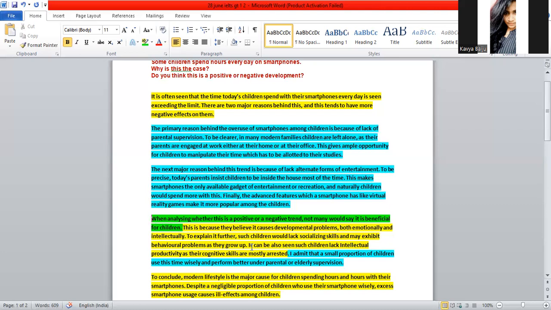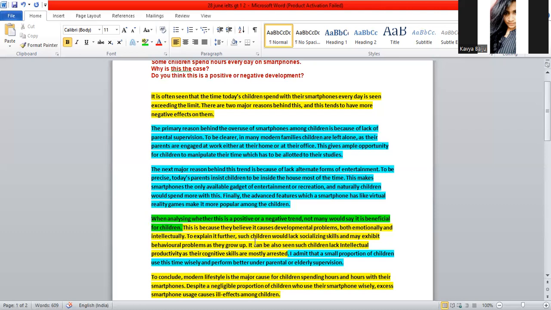So this is going to affect their cognitive skills, cognitive potential. When you are not using your cognitive ability for some time, if it is remaining unused, there won't be any use of it further, so it will be arrested, and this is what we can see as negative effects.